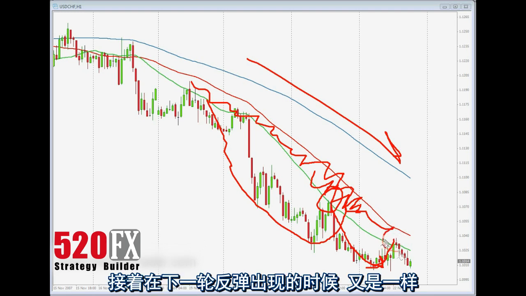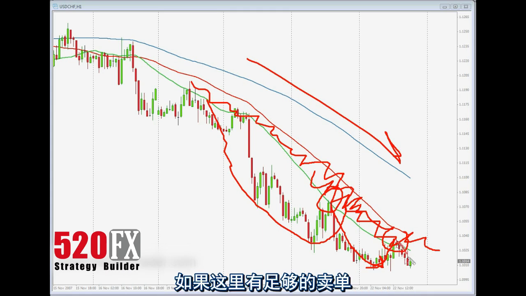Upon the next pullback, same thing. If there are enough orders at this part of the chart, at this junction of the chart, a new swing will be created. Always in the direction of the main trend.